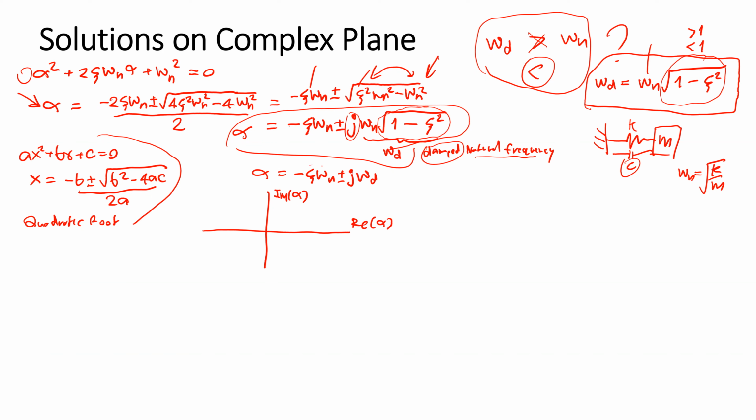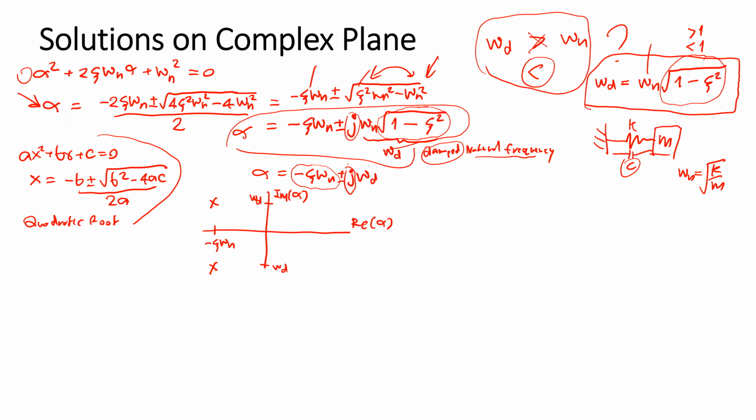The real part of alpha is going to be minus psi omega n. The imaginary part of alpha can be plus and minus, with the magnitude omega d, on the j imaginary axis.